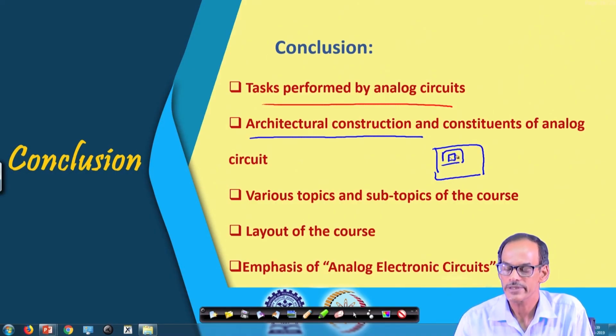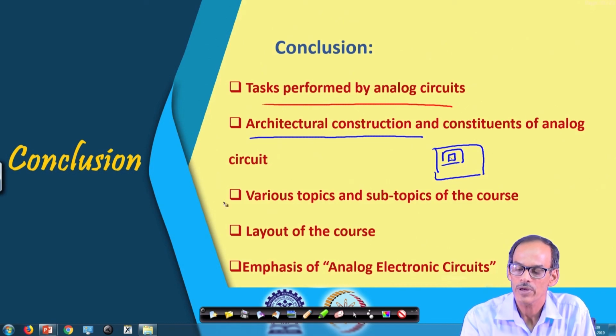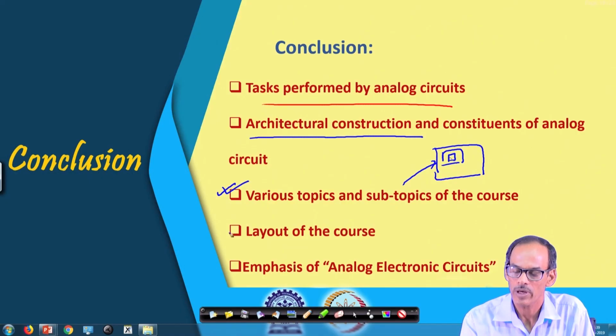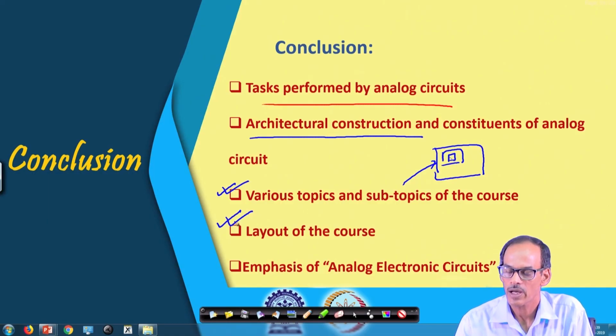And then we discussed the topics and subtopics in this course, how they are related to that architecture, and how they have been planned weekly, to move from the component towards the system level.